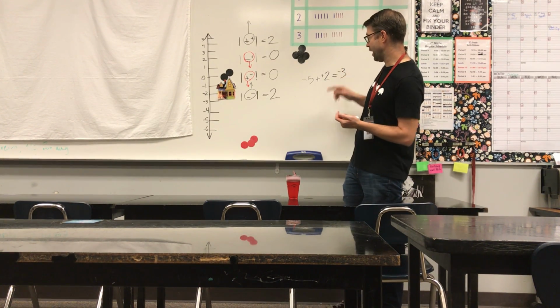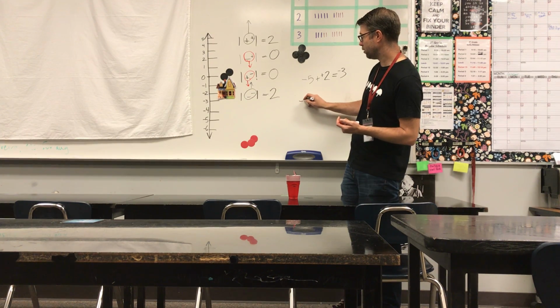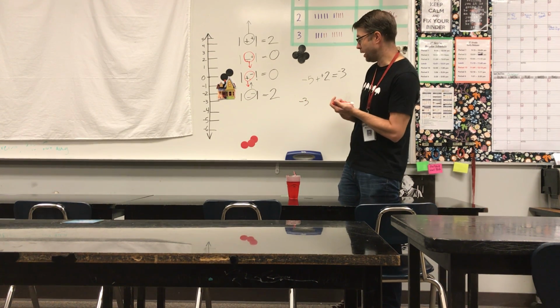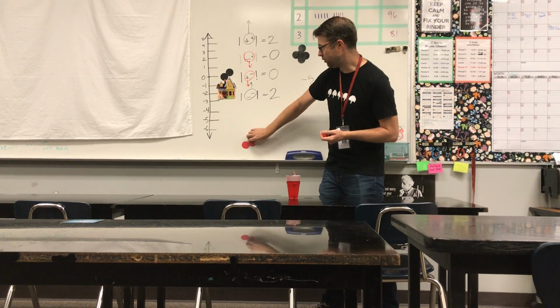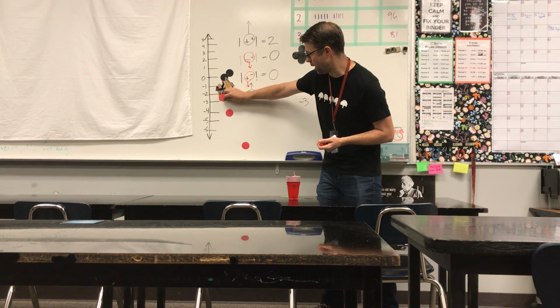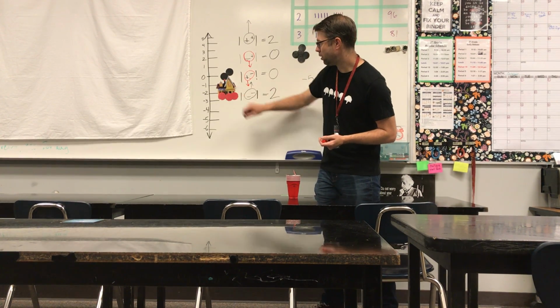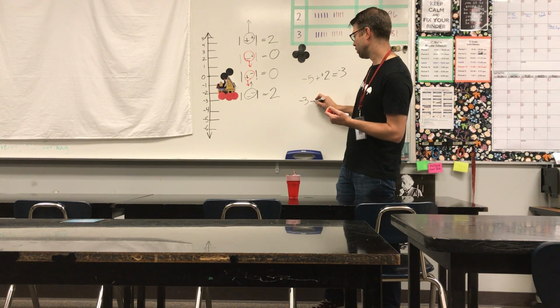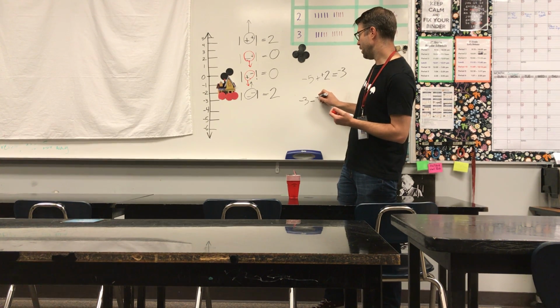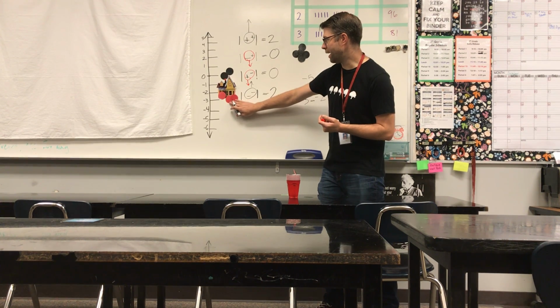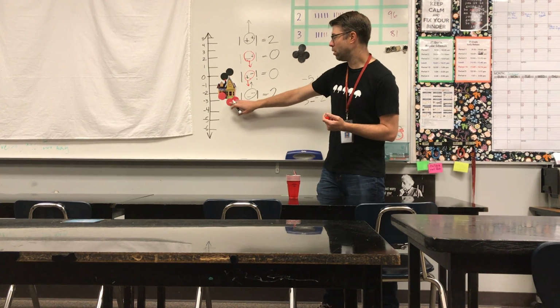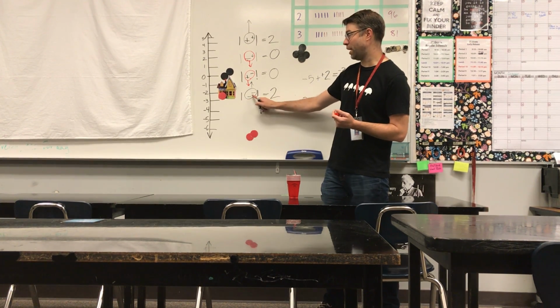What if I do -3? We'll leave it at -3, and let's say it has all this weight on it that helped it get to -3, and I take away -2. I'm going to take away a -2. You're taking away 2 sandbags? I'm taking away 2 sandbags, so I'm taking away a negative.